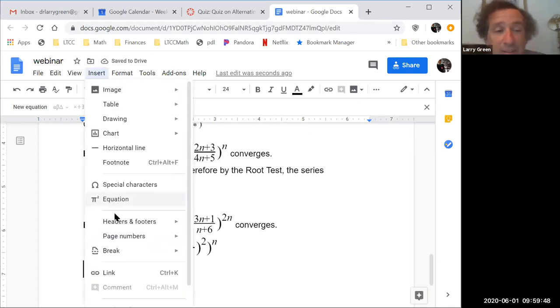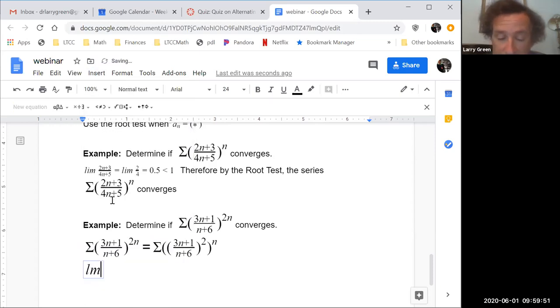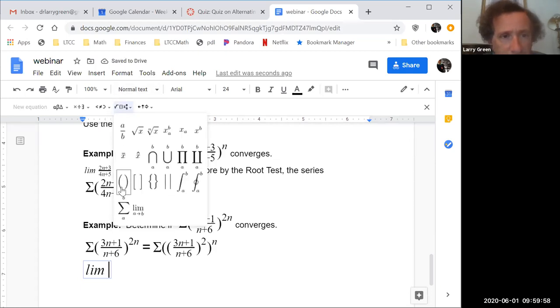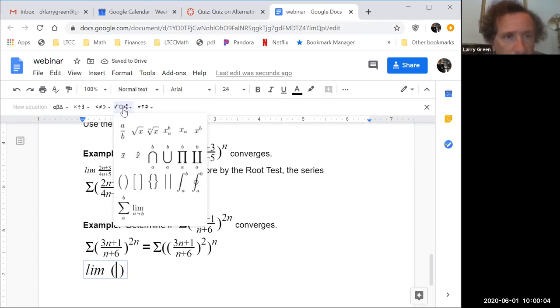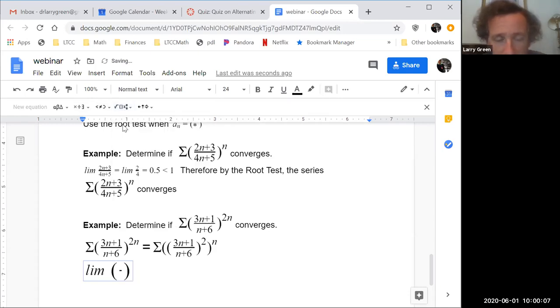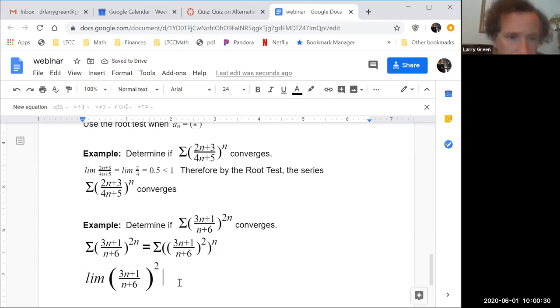Then we can go ahead and take the limit. But as you're noticing, there's going to be some algebra. So I'm going to take the limit, and we're going to have (3n+1) over (n+6), squared, because we took the nth root of an nth power and those n's canceled.